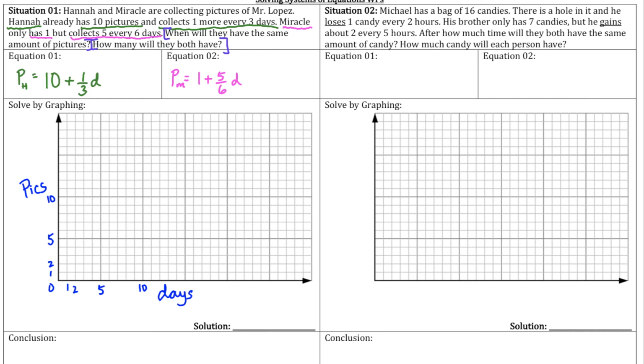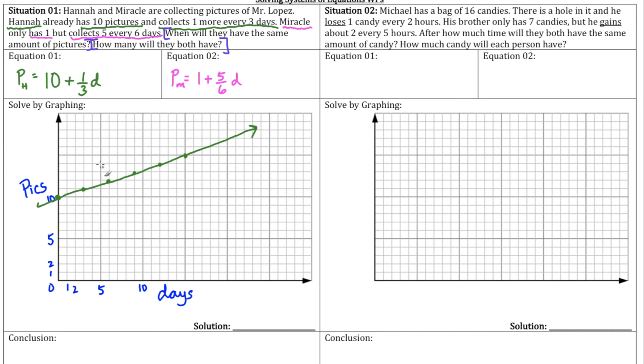so let's start with the number of pictures Hannah has. So Hannah starts with 10, and her picture collection grows about 1 every 3 days. Okay. And it can keep going. I don't know whether they're actually going to share the same amount of pictures and days.